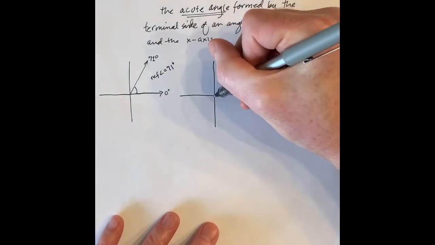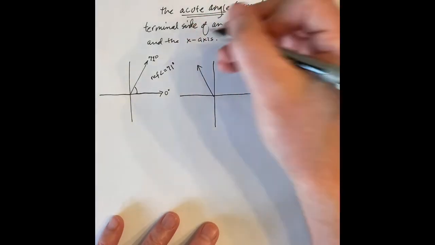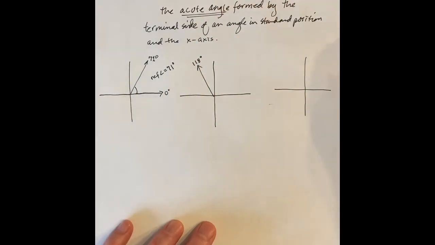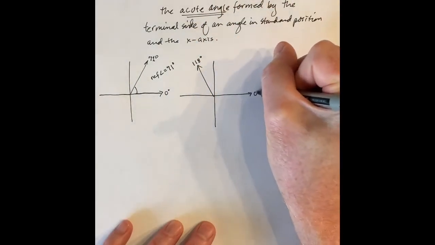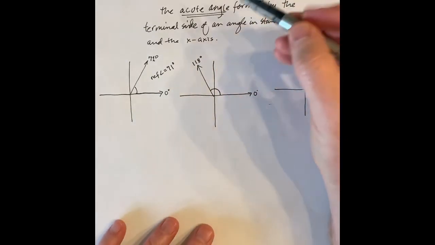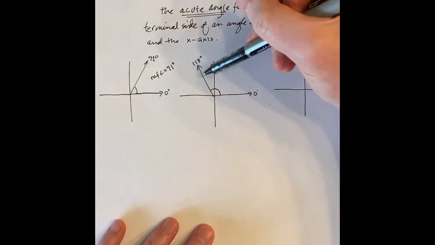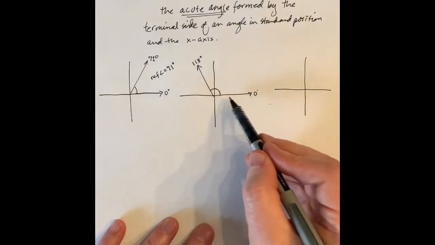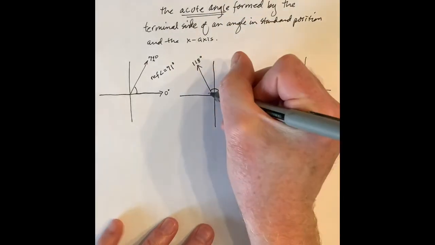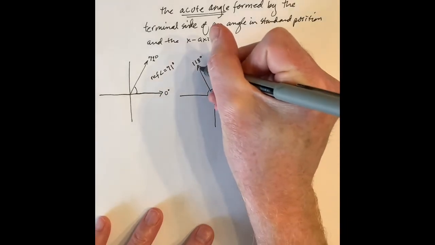Now, what if the angle's over here? Like this one, let's just say it is 118 degrees. Okay? Well, again, angle in standard position. So if this is at 118, I want the acute angle formed by the terminal side and the x-axis. Well, that's not acute. This would have to be acute. So how do I figure out what that measure is right there?